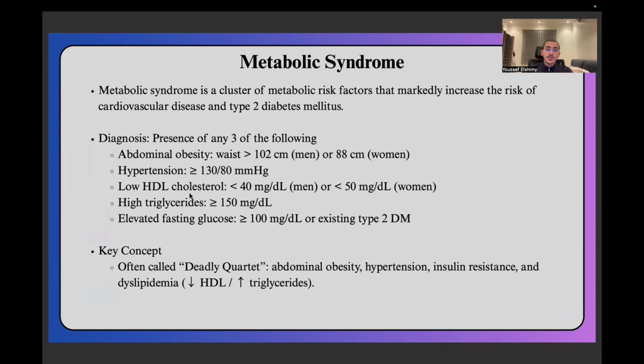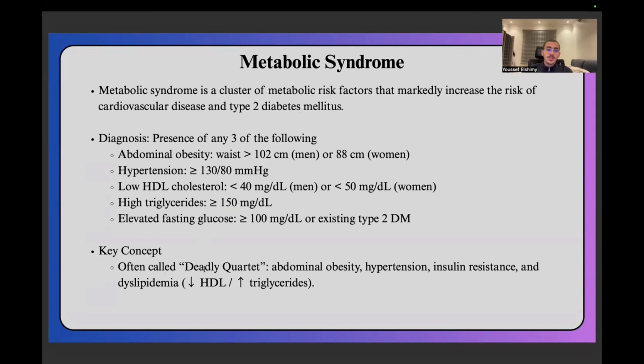Low HDL cholesterol, so you have a decrease, less than 40 milligrams per deciliter in men or less than 50 milligrams per deciliter in women. If there are high triglycerides, more than or equal to 150, if there's elevated fasting blood glucose, more than 100, or there's existing type 2 diabetes, any three of these would diagnose a patient as having metabolic syndrome.